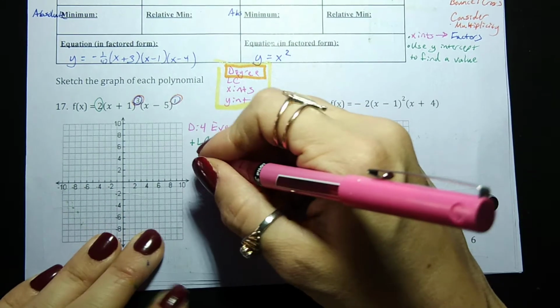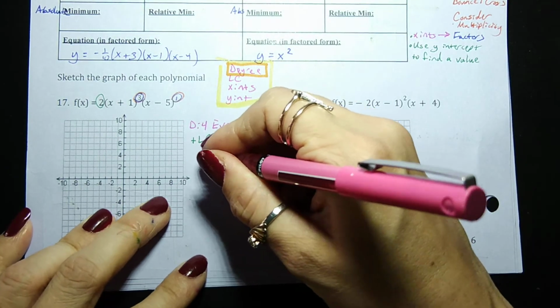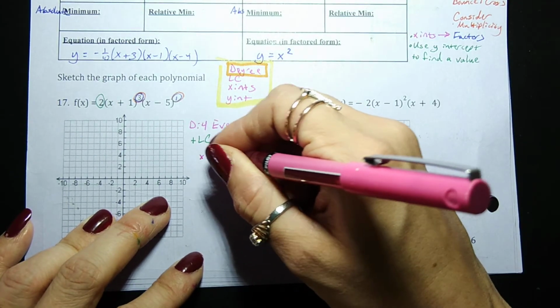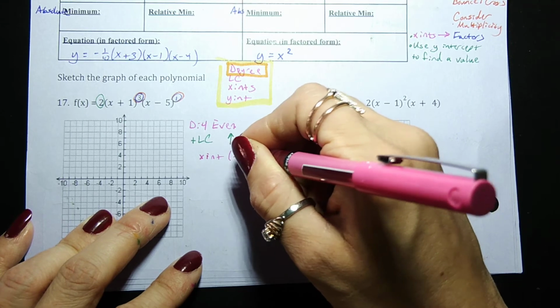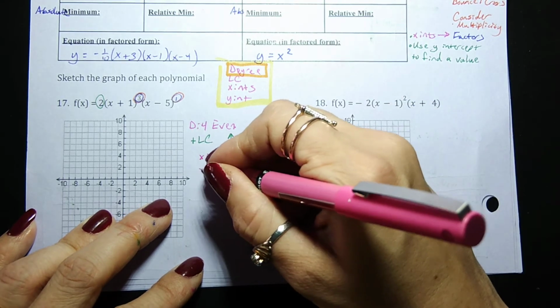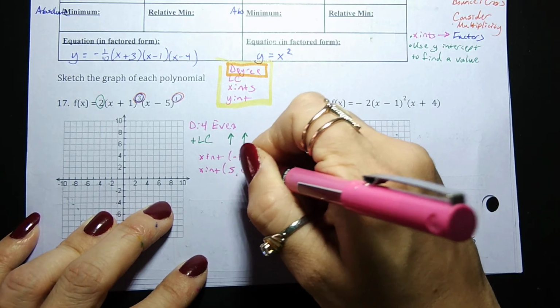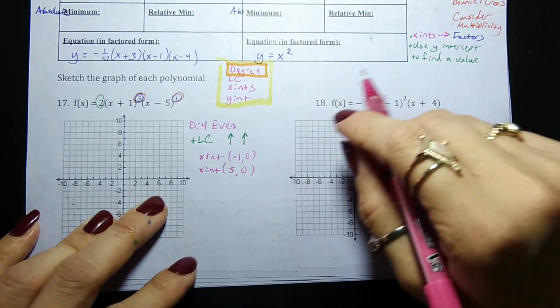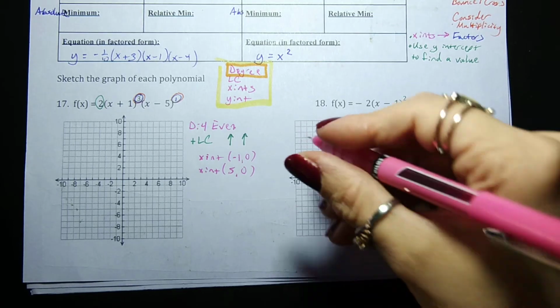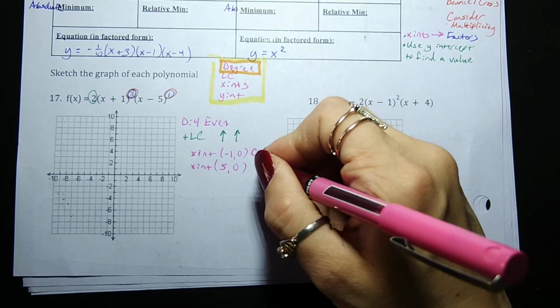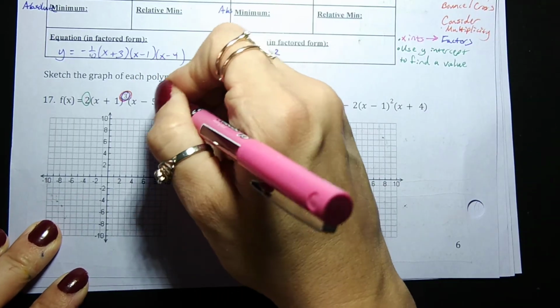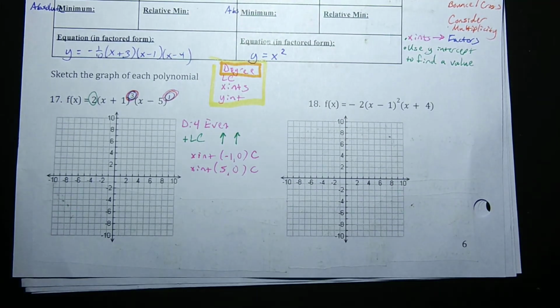We know the x-intercepts. So one of them would be -1. Another one would be 5. Are we going to bounce or cross at those? Cross. So multiplicity is odd. So we will cross at both of those.